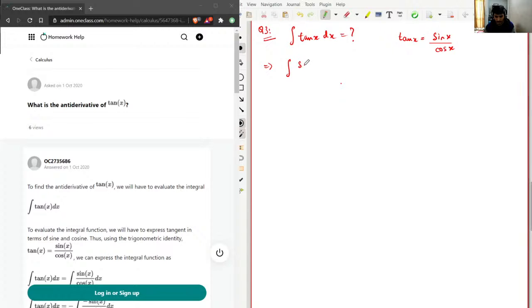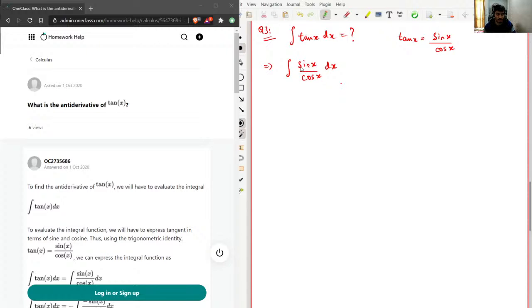So this will become integral of sine x over cosine x dx. Now the thing is that for tangent we do not have any direct formula, but this can act as a direct formula because this is a kind of derivation.